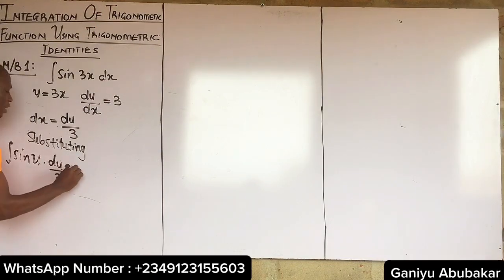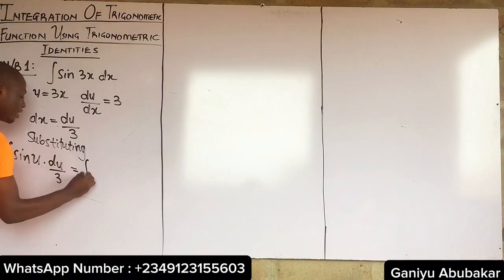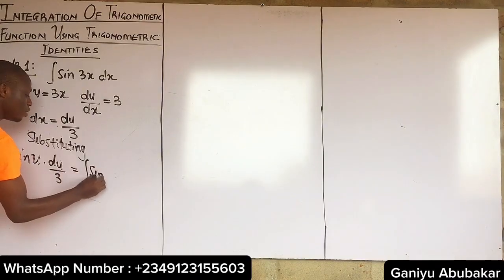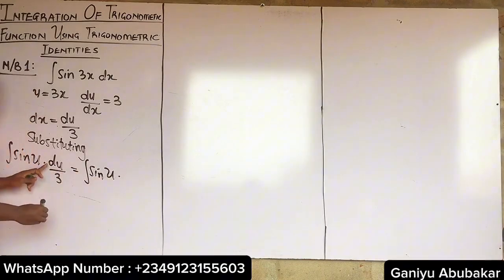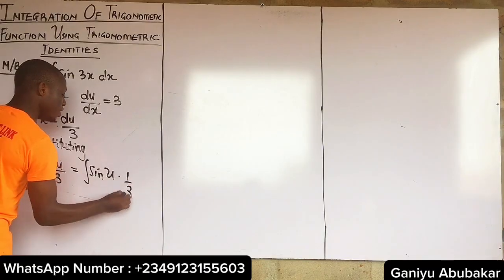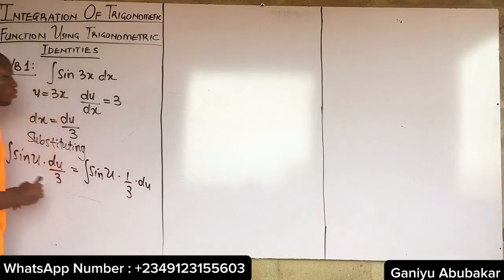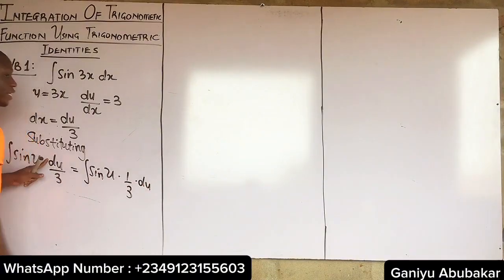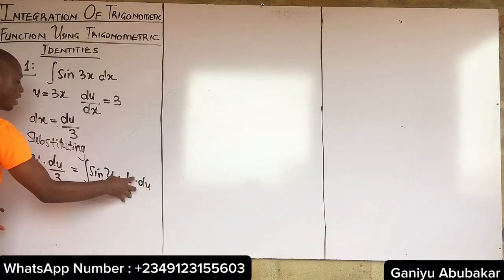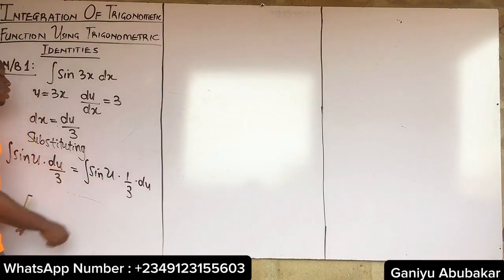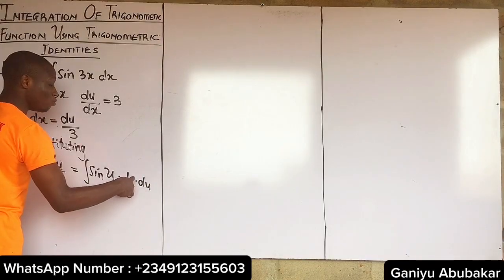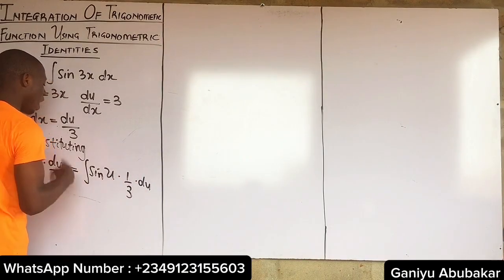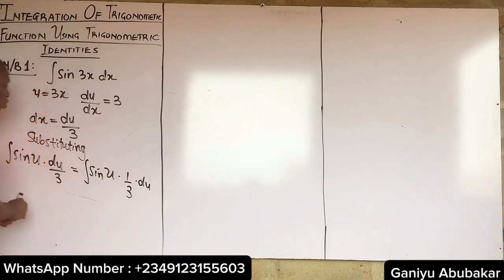This can be broken down as the integral of sine u dot 1 over 3 dot du. True or false? True. 1 times du will give du all over 3. So this 1 over 3, I'll take out this constant term outside the integral sign. So I'll have 1 over 3 first.